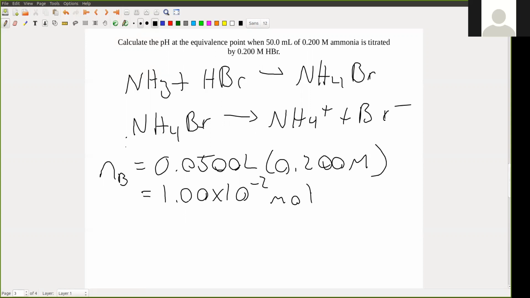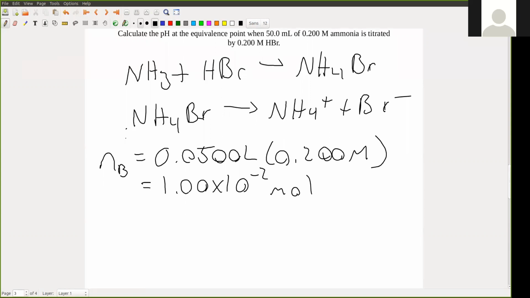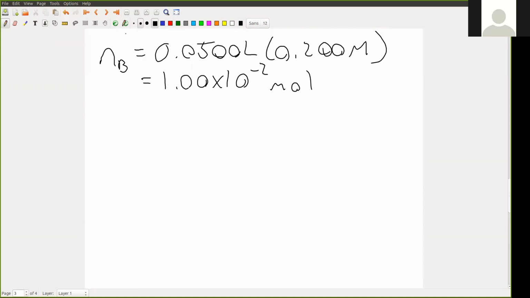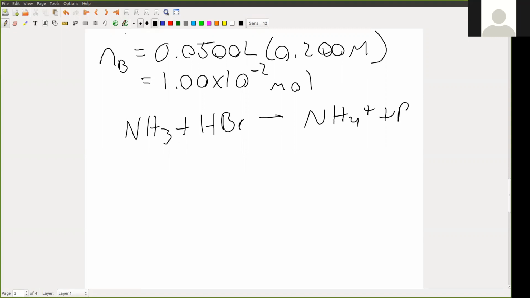Okay, so now we can use that information to do an ICE problem. So we can do NH3 plus HBr is going to give us NH4+ Br-.